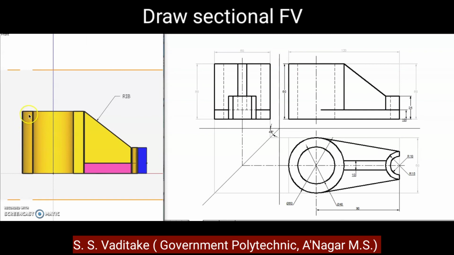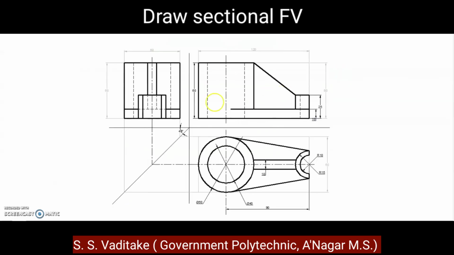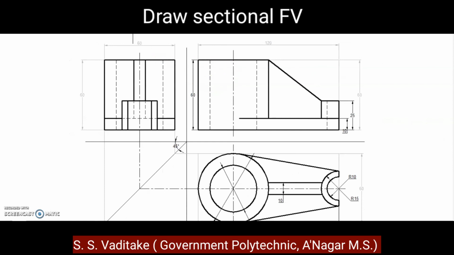At this portion, actual material is cut by the section plane. This and this portion we have to show by hatching line, means this portion. Now we have to convert this dotted line into regular outline. This portion is not visible in sectional front view.